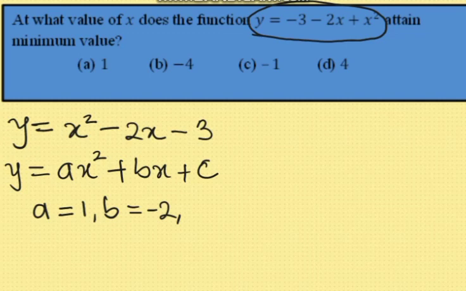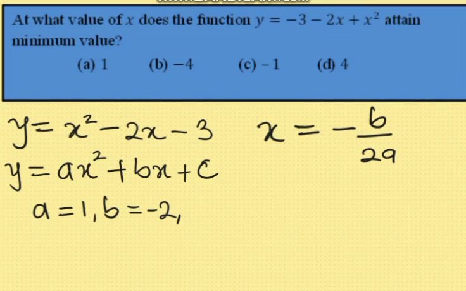The point at which our x will make this function a minimum will be x = -b/2a. This is the line of symmetry of a quadratic equation.